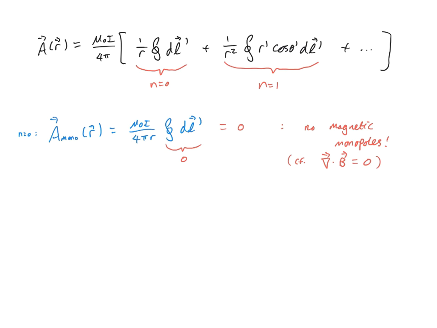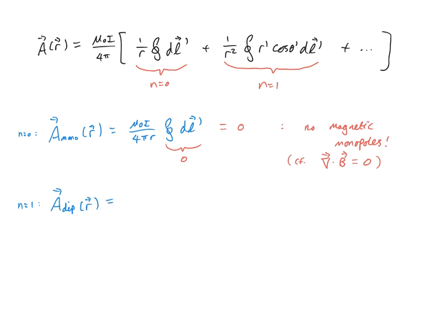Okay, what about the other term? There are infinitely many of these multipoles, but I'm just writing down the most important ones. I can write down a dipole contribution to the total vector potential.